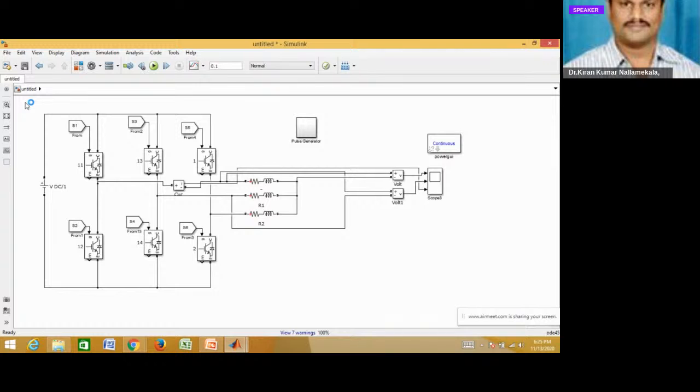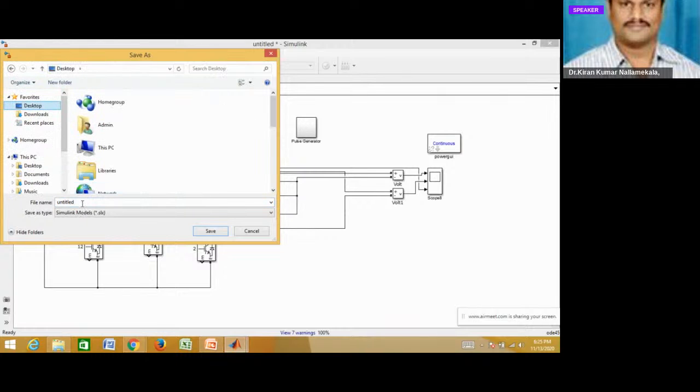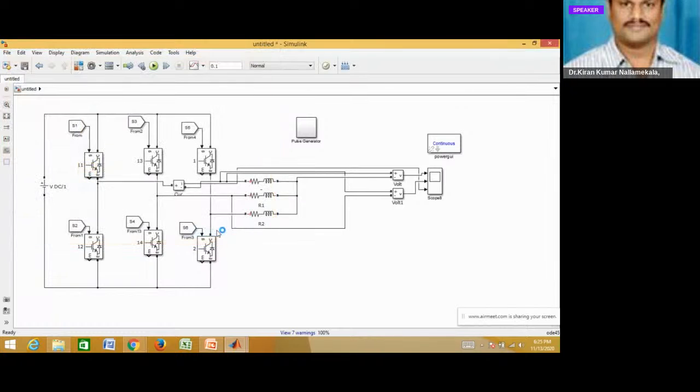I'll take one more file, save it as half bridge on the desktop. So here, half bridge inverter.